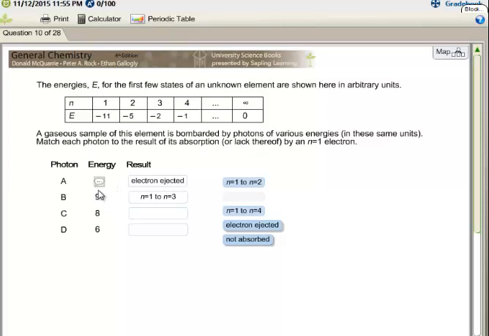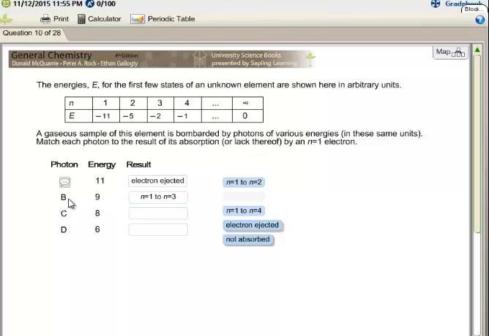Now let's look at photon B. Photon B has an energy of 9. If I'm starting out at n equals 1, it means my energy is -11. If I look at my third energy level, n equals 3, and I take my final energy, -2, minus -11, that actually is going to be 9.